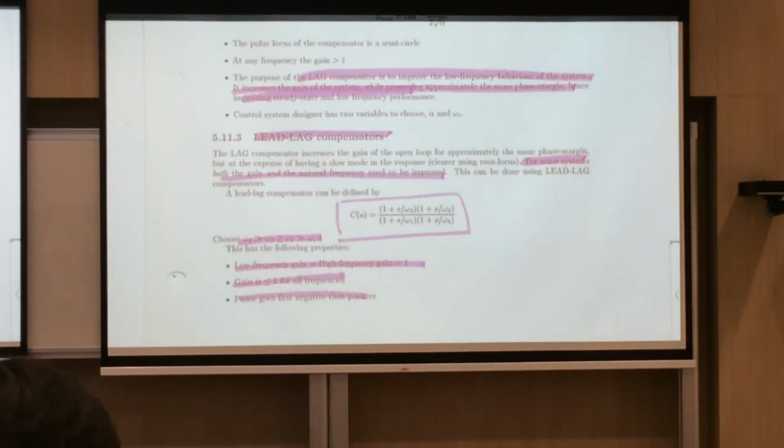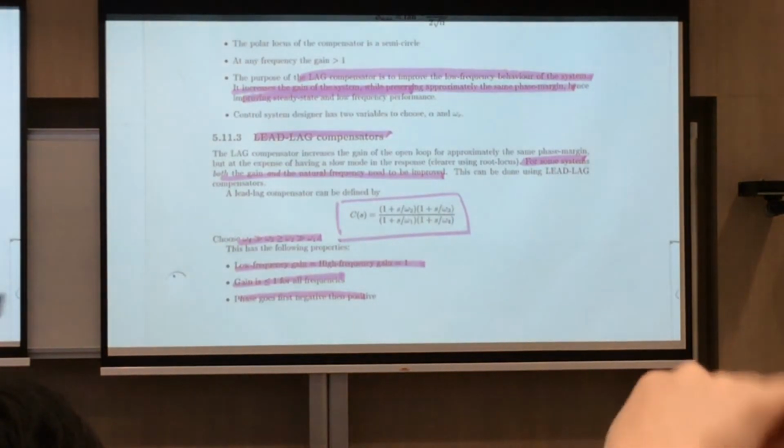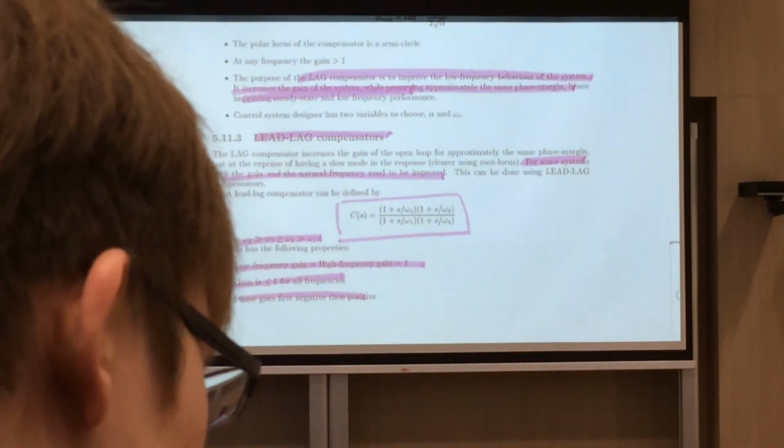If you remember from the Bode plot, when you have multiple terms, all you need to do is take into consideration the phase of each of these terms. It's called a phase plot. So this method is just introducing more phase or less phase at certain frequencies, which will affect the behavior of the system.